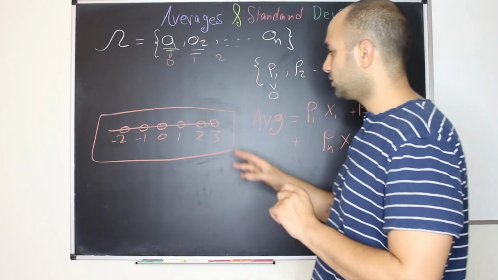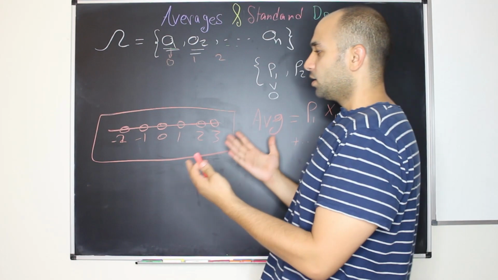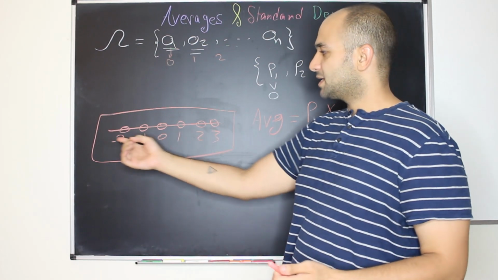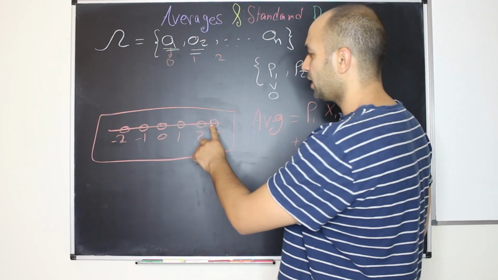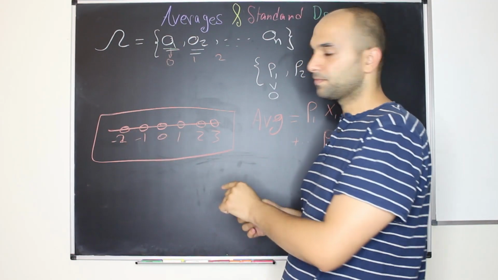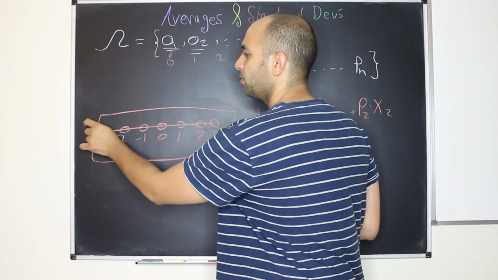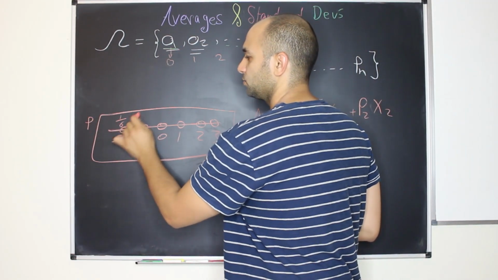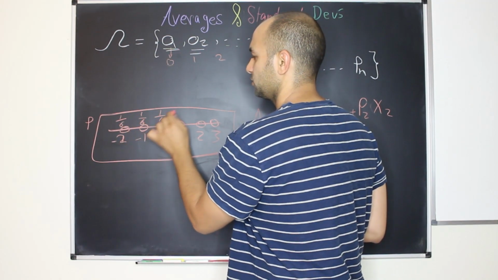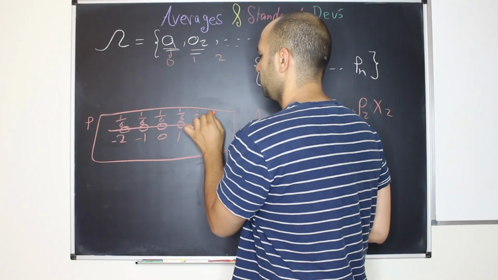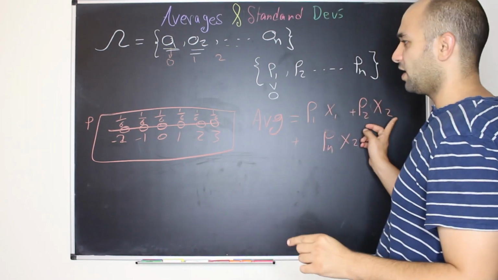Alright, so assuming that you tried this out, what we said last time is, if each one of these has the same probability, well, you have to count. There are 6 of them. That means each one has a probability of 1 over 6. And here's the definition of average.